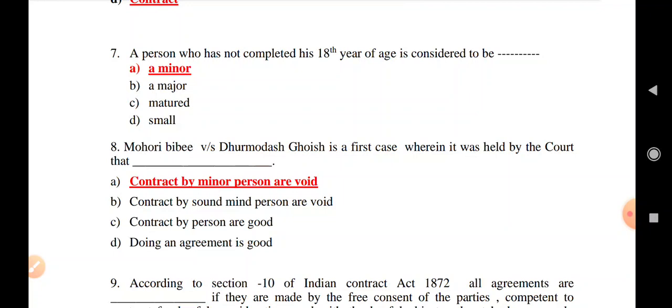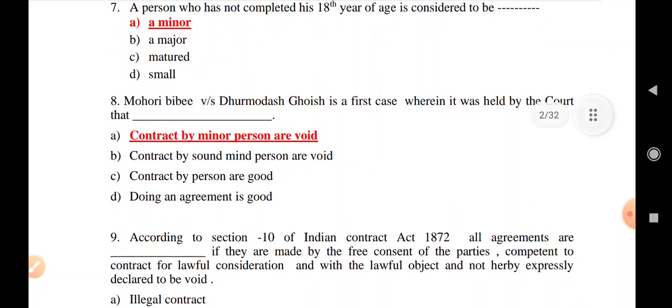In this case, it was declared by the court that if a person makes a contract with a minor, then it is treated as void, because the capacity of the minor is not such that he can deal with the matter in the contract properly; his maturity level and understanding level will not be the same as a major or adult person. That's why contracts with minors are treated as void. You have to choose option A.